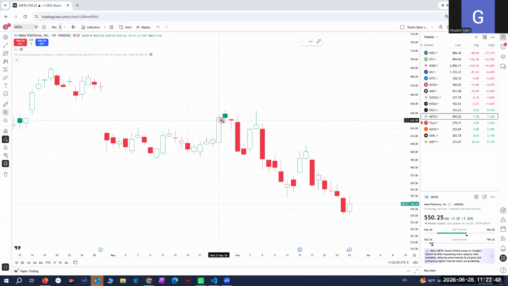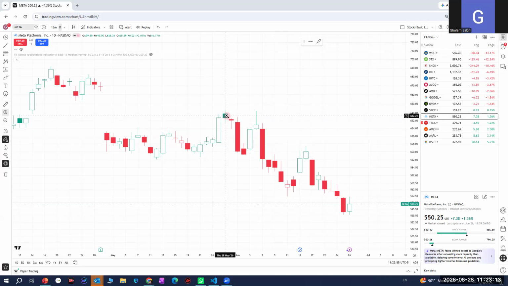Now, on the flip side, this is a solid green candle. What does this mean? Green means that it closed at a higher price than yesterday's close. So yesterday it closed at this price, which was 635, but today it closed here at 638.56, which was higher than yesterday's close. Got it? So that's why it's green.